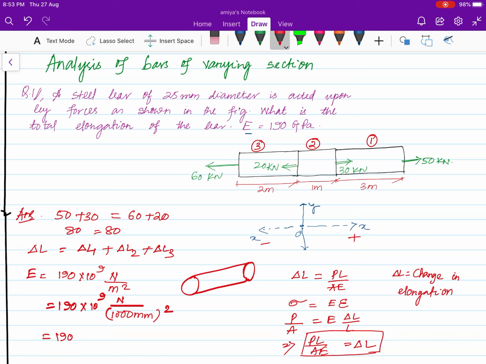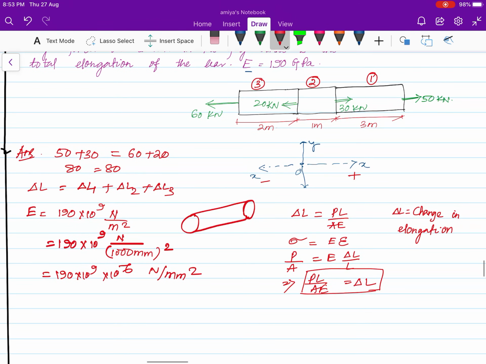So 190 into 10 to the power 9 into 10 to the power minus 6 Newton per millimeter square. So 190 into 10 to the power 3 Newton per millimeter square is my Young's modulus.